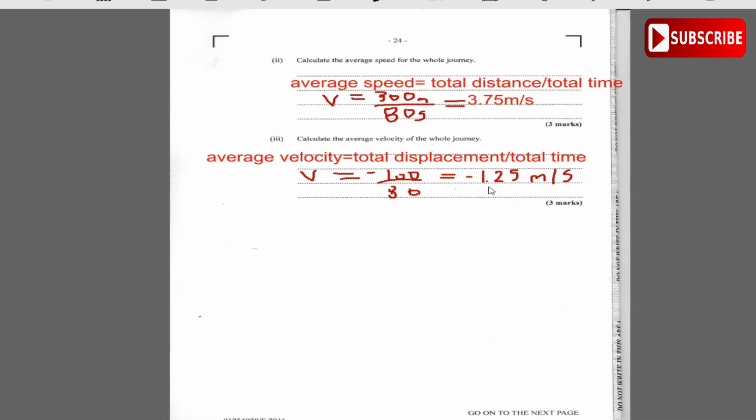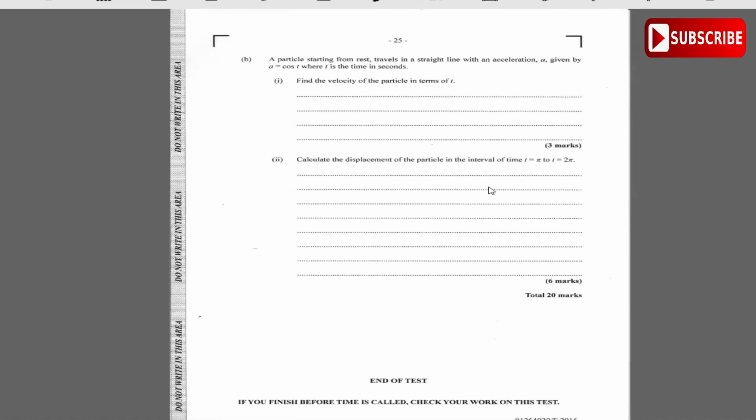Now here's part B. Part B is a particle starting from rest travels in a straight line with an acceleration a, given by a is cosine t, where t is time, and it says find the velocity of the particle in terms of t.